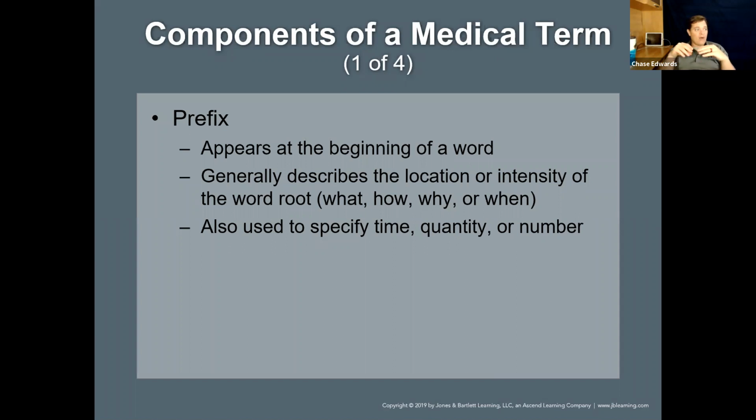And combining vowels are vowels that link one or more word roots to another component of a term. And then the way in which the parts of the word are combined determines its meaning. Talking about it doesn't sound that great. When we start getting into it and start breaking down some of these words, it'll click.